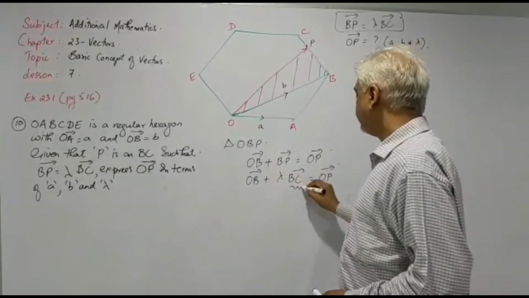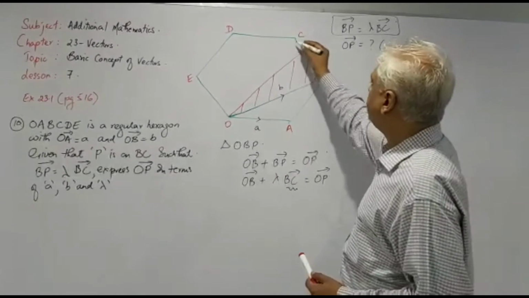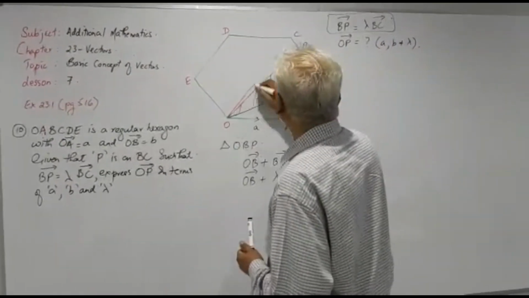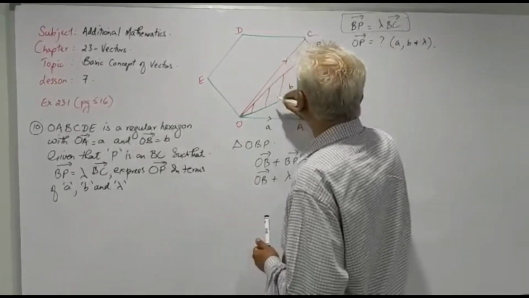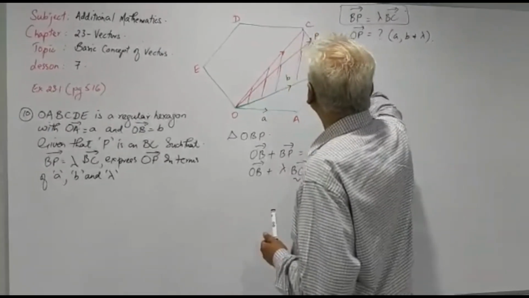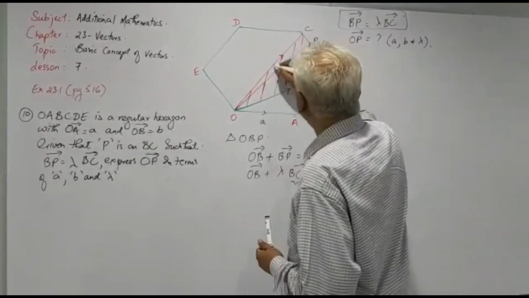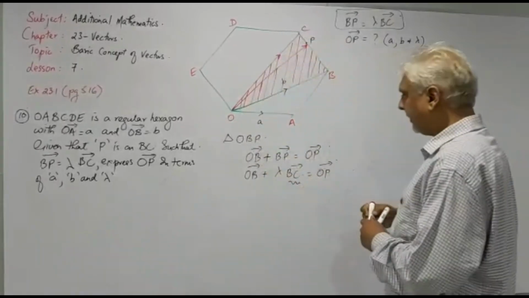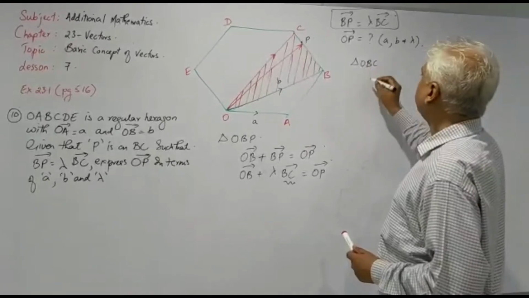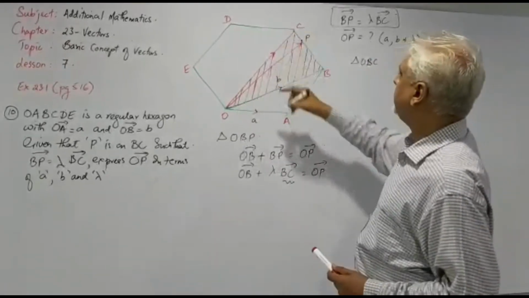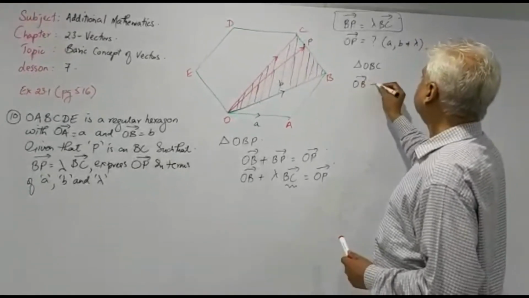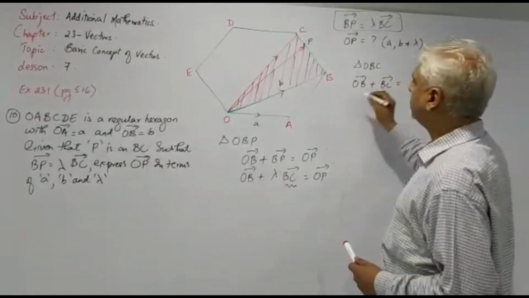Now, what is BC? What if I join O to C? If I join OC and I consider this whole triangle OBC, in triangle OBC we have OB plus BC equals to OC.